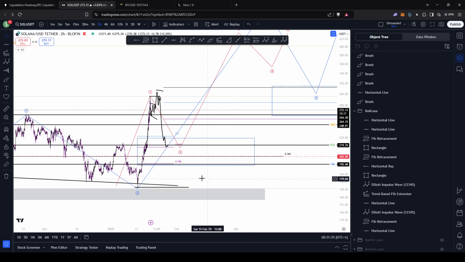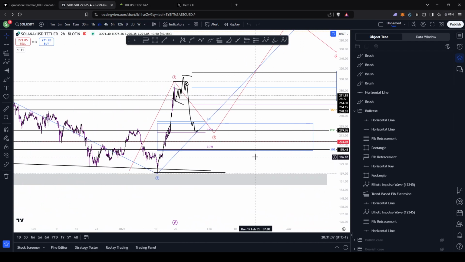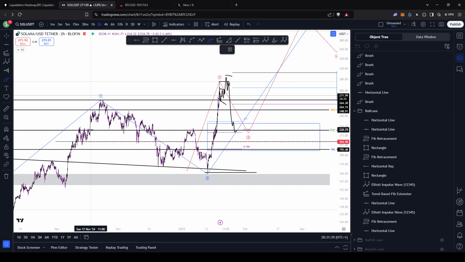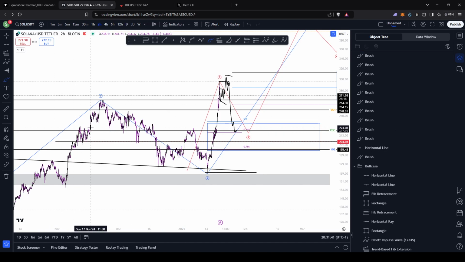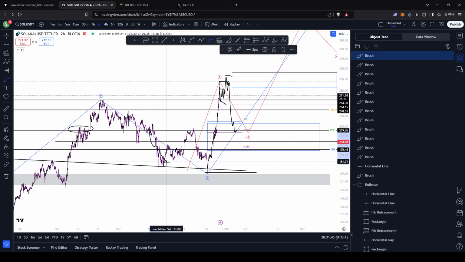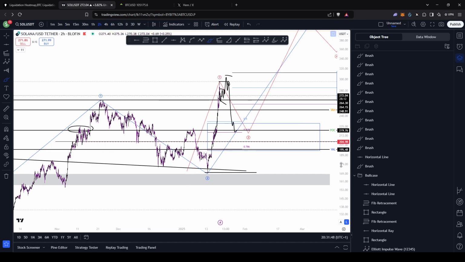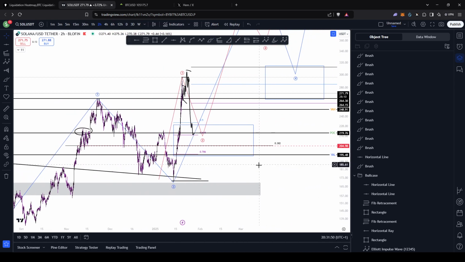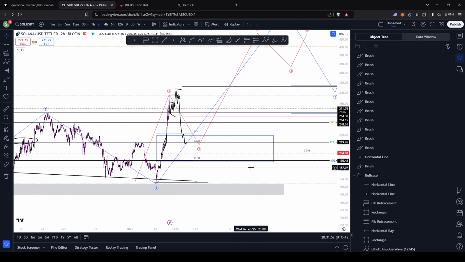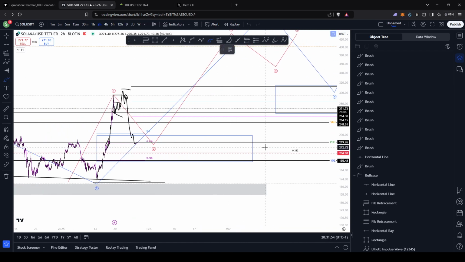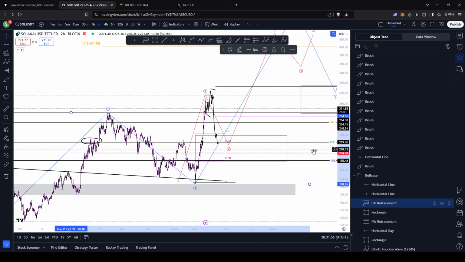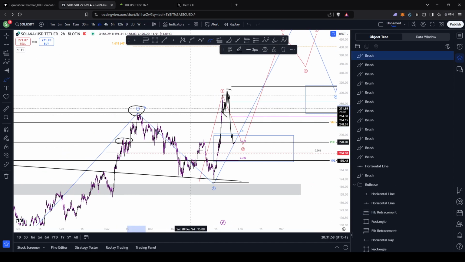Let me just add everything now. So we have all of these previous levels. You can see, look back here. We rejected, we bounced, we broke below it. And 205 is the level where I'm most interested in. At 205, you have your 0.382 fib right there. My favorite. Those are from the highs to the lows.